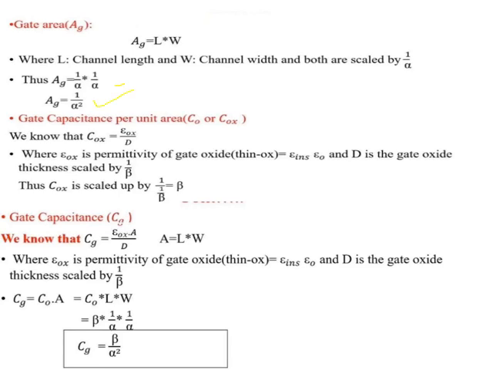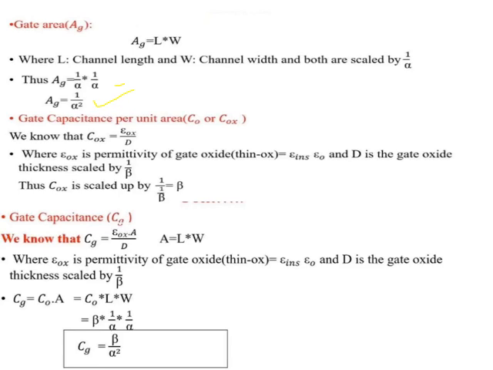Now gate capacitance per unit area, which is usually noted by COX or C0. As we know, COX is defined as the permittivity of the gate oxide per unit thickness, so epsilon OX by D, where D is the thickness of the gate oxide.